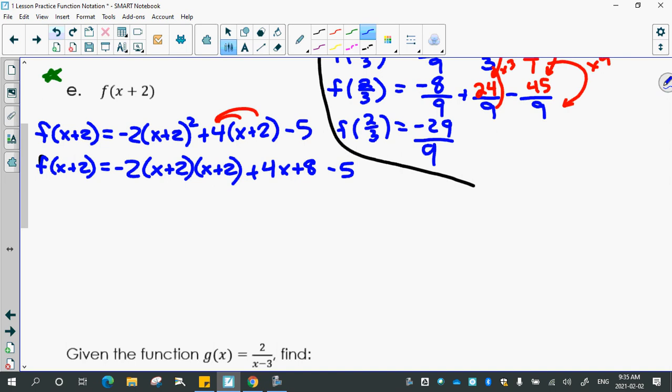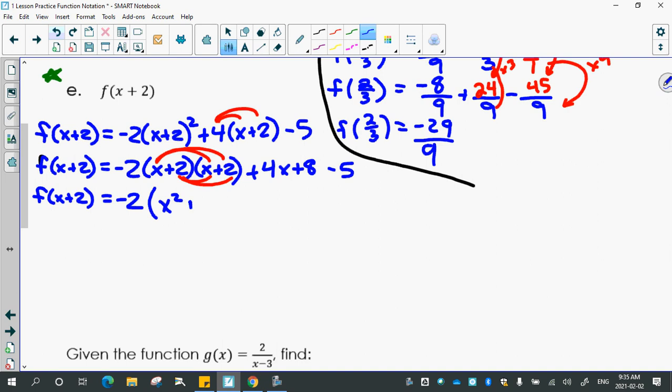But in this term, the next thing you're going to do is multiply those two binomials together. So I'm going to keep the negative 2 out front, and I'm going to do x times x. And that gives me x squared. And then I'm going to do x times positive 2.